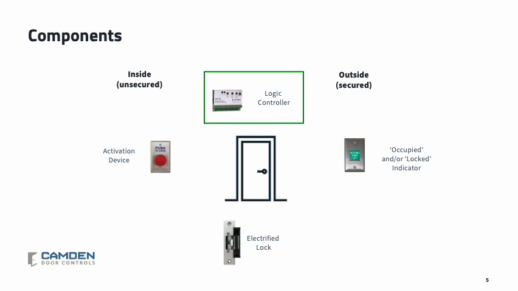Lastly, we need a logic controller to tie the system together. The controller needs to know that the door is closed before the electrified lock is allowed to energize, and to then illuminate local or remote indicators. Now that we know the basic components of a typical privacy system, let's review the many options for each device shown on this slide.